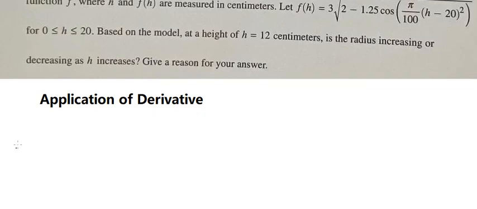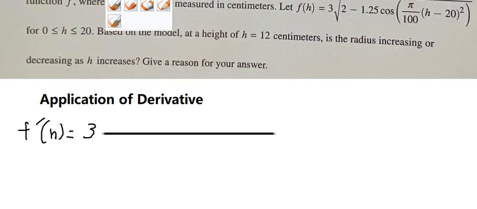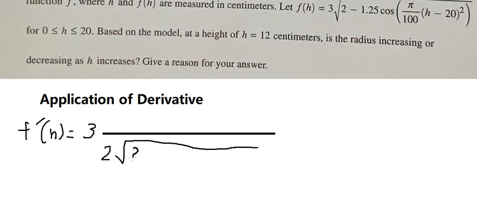Now we need to find first the derivative of this function. So we have number 3 and we have the fractions in here. So we have number 2 with the square root of 2 minus 1.25, and we have cosine of b over 100 h minus 20 squared.